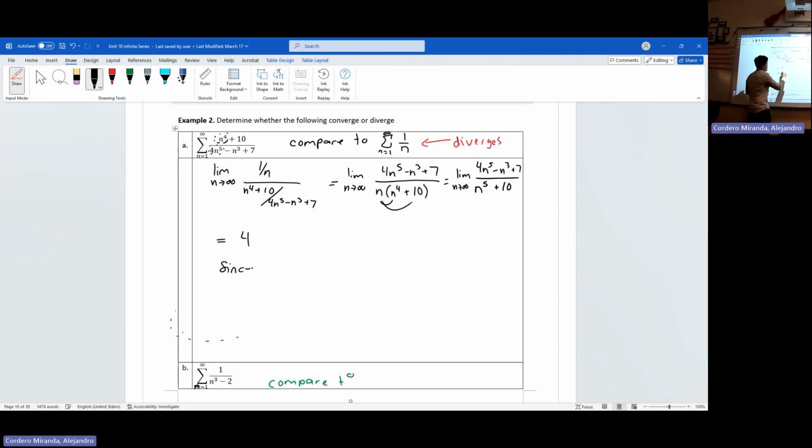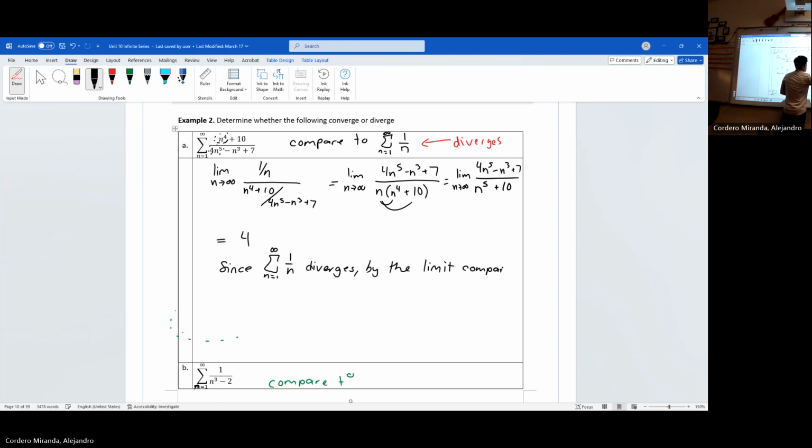Since this diverges by the limit comparison test, it's also divergent.